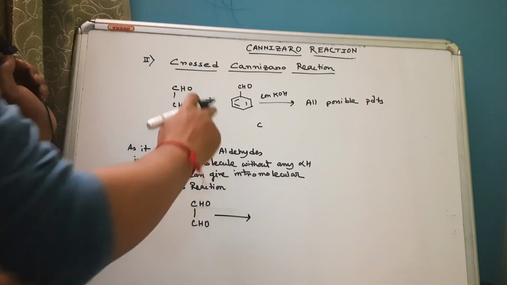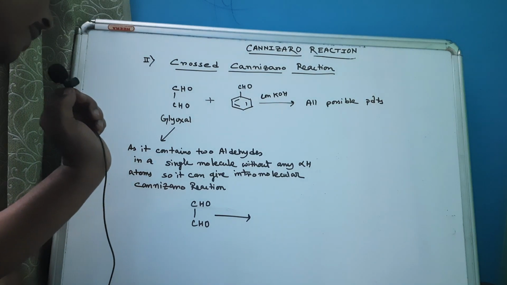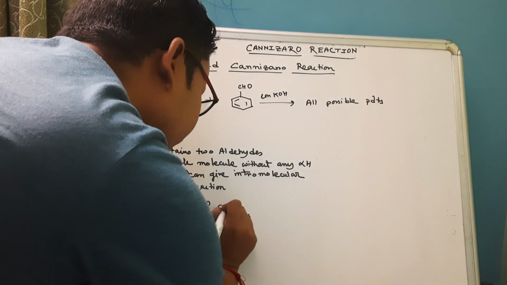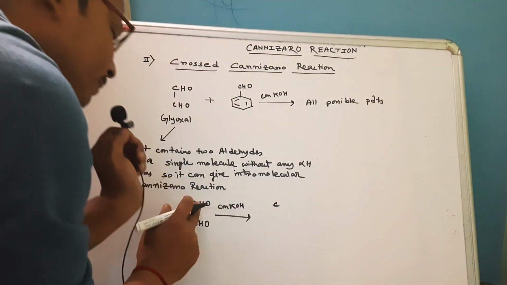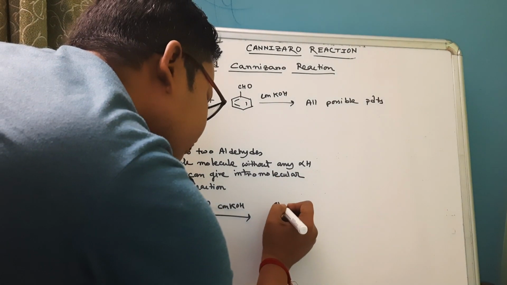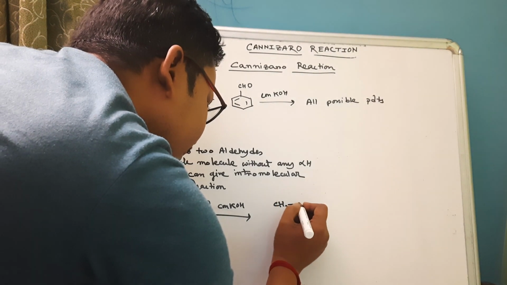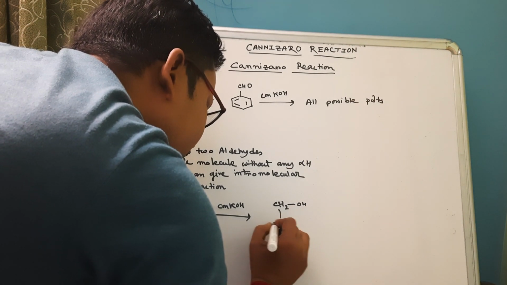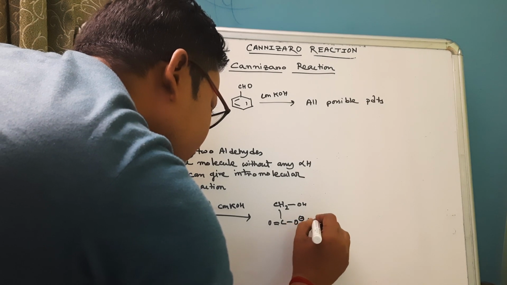So if glyoxal is present, at first write down its intramolecular Cannizzaro reaction product. And I have taken here concentrated KOH. So one part of this gives this, and another part becomes O minus K plus.